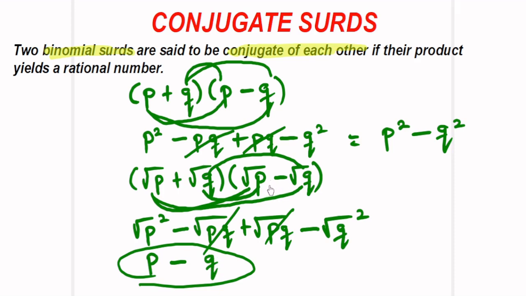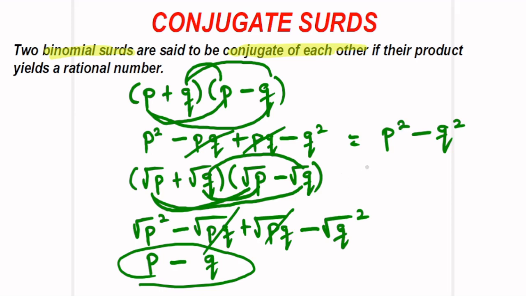Now allow us to introduce a simple method of expanding this surd in case we want to solve other conjugates of surds. Instead of multiplying this to this, this to this, just observe that whatever you get here, it must yield 0. When we look at this minus pq plus pq, it gave us 0. So we're now left with p square minus q square.